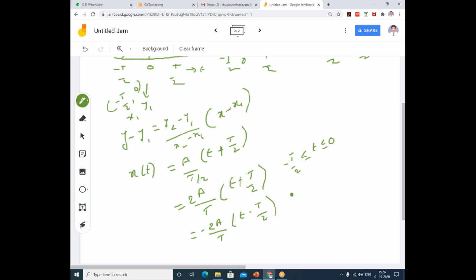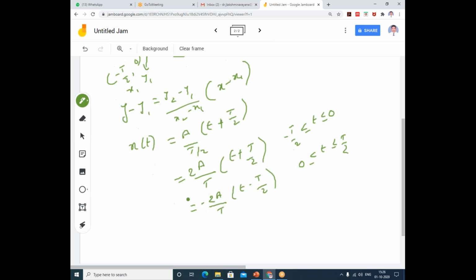This is the equation I'll get for 0 less than or equal to t less than or equal to capital T by 2. Now please try to understand, this is the relation for x of t.